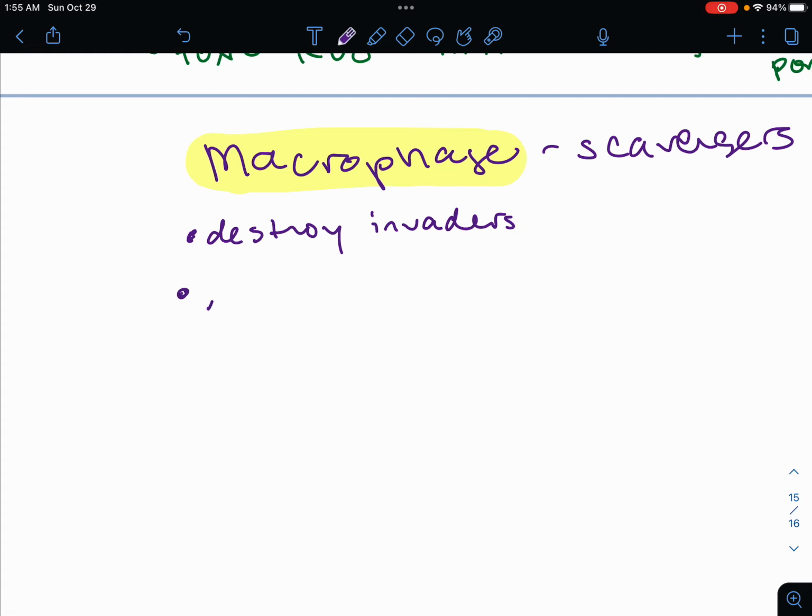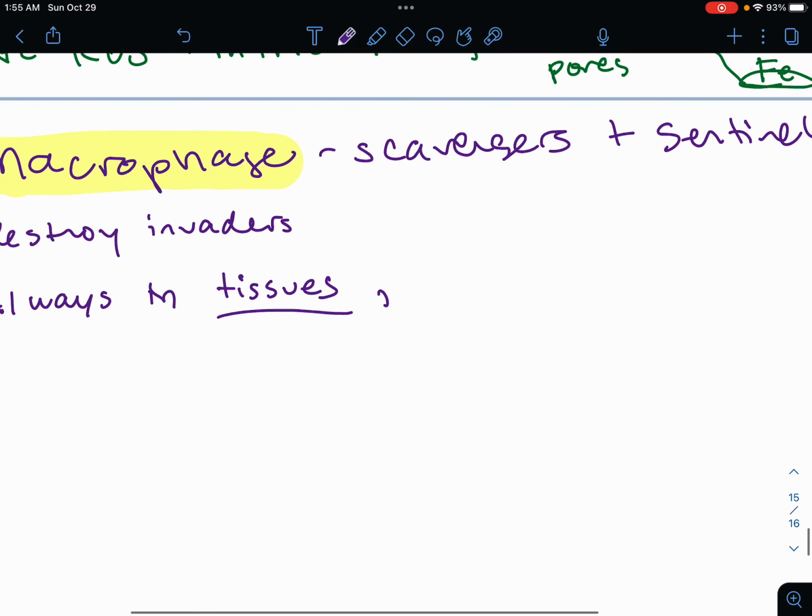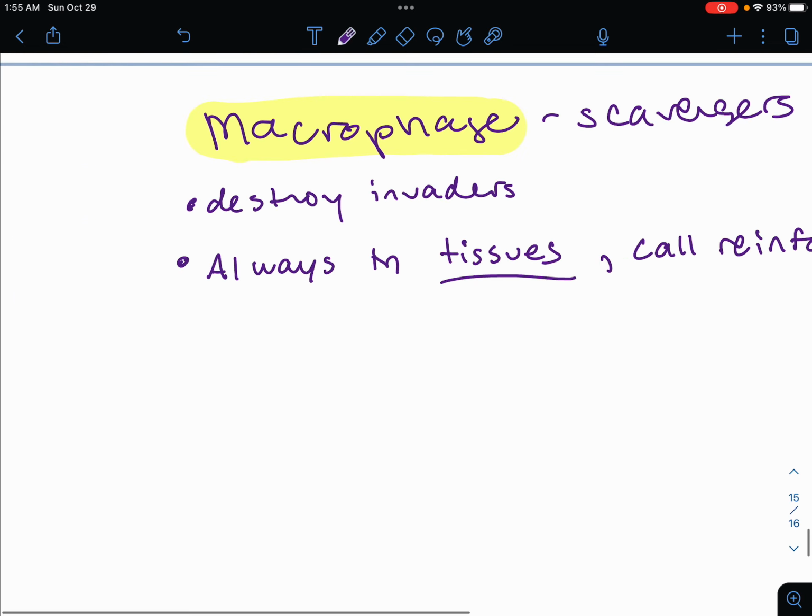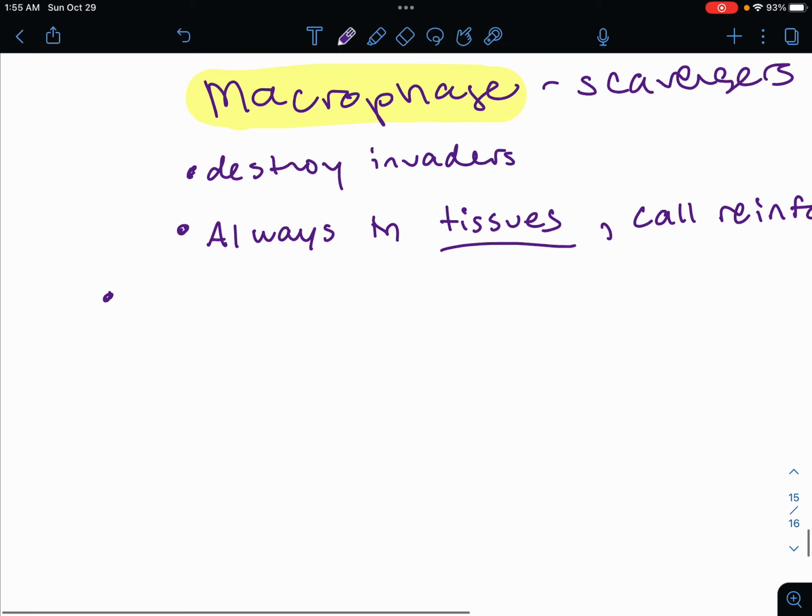They're going to be always in the tissues, and they call reinforcements. So they have these toll-like receptors. We talked about those on the surface.